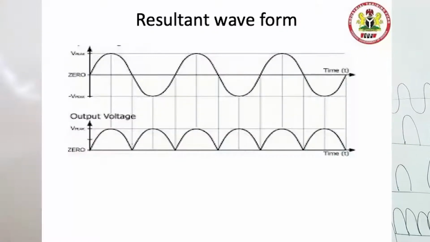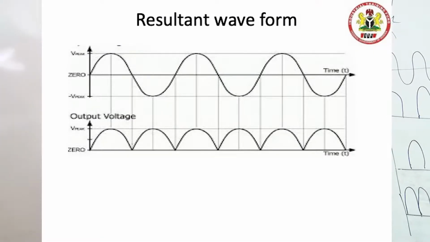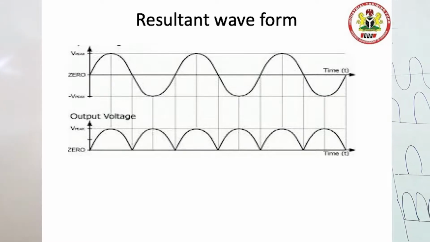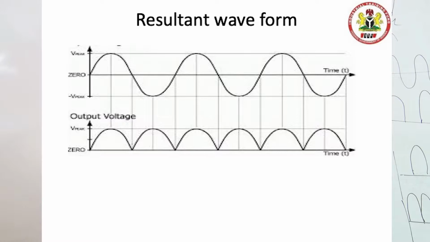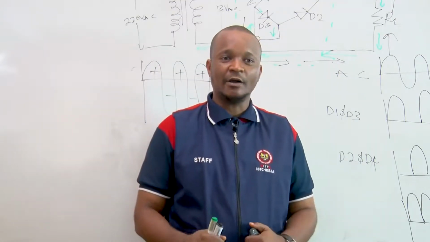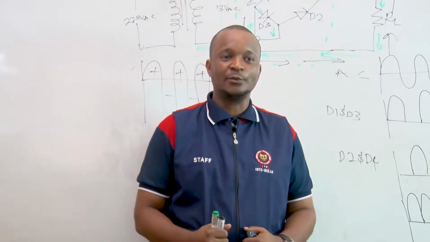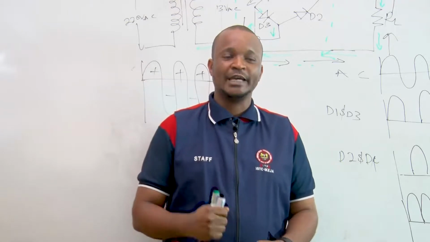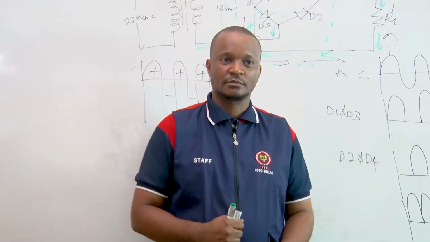Look at your screen right now and see the resultant waveform of the full wave rectifier. You can see that we don't have any gaps anymore. You can see the output is constant. Though it contains ripple, our output is consistent, meaning that we have achieved converting the alternating current to a direct current, though with ripples.